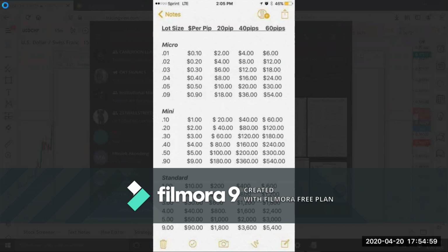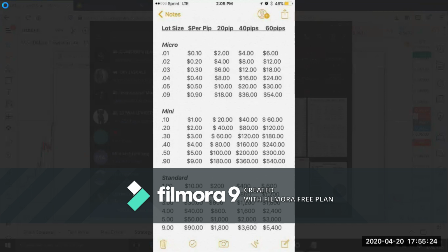A lot size is the amount of money you are willing to make per pip. Let's say the amount of dollars you're willing to make per pip on a particular trade which you place. That is what they call a lot size.